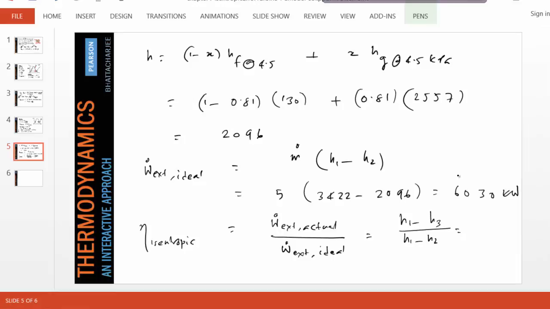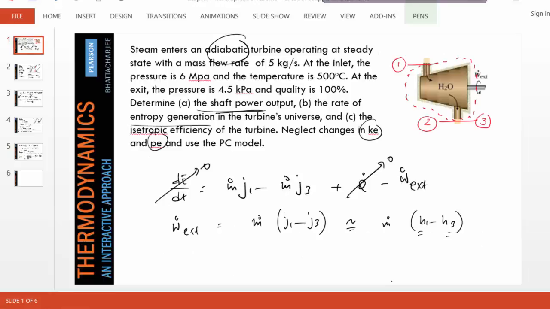And actually we found the work, so we can directly use it, we don't need to put enthalpy again because we already found the actual work and ideal work, and that gives us 64.5%, I think about 65%. So we got 65% as an isentropic efficiency, and we answered almost all parts of this question.